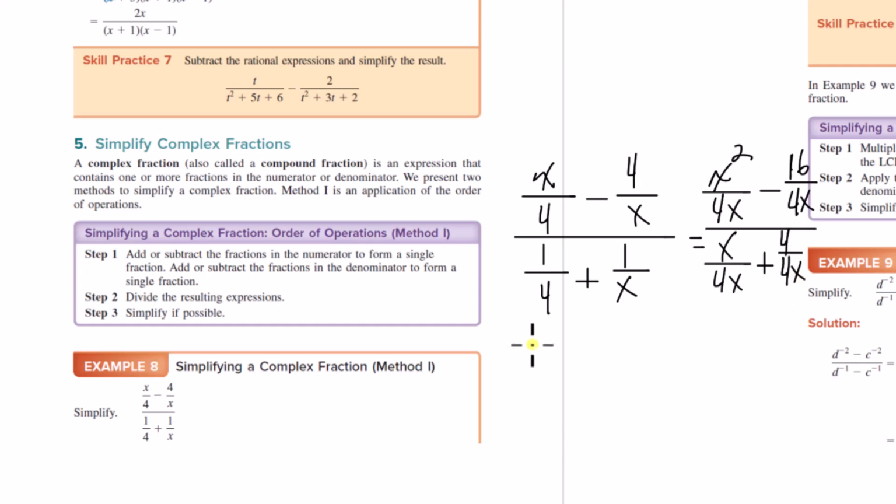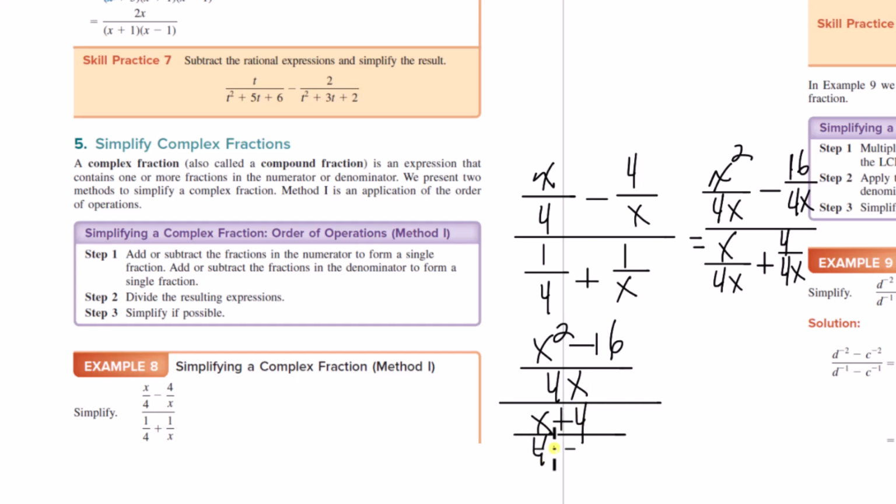We get x squared minus 16 over 4x, over x plus 4 over 4x. So this comes out to be x squared minus 16 over 4x times 4x over x plus 4.